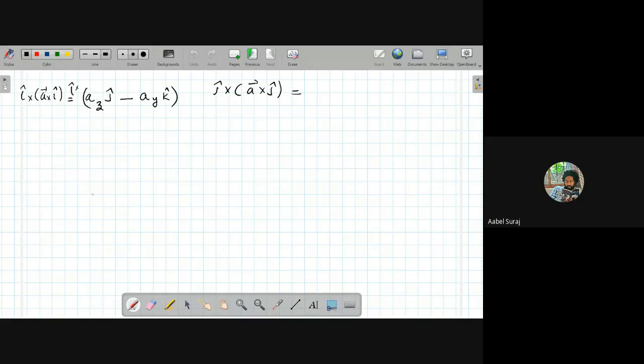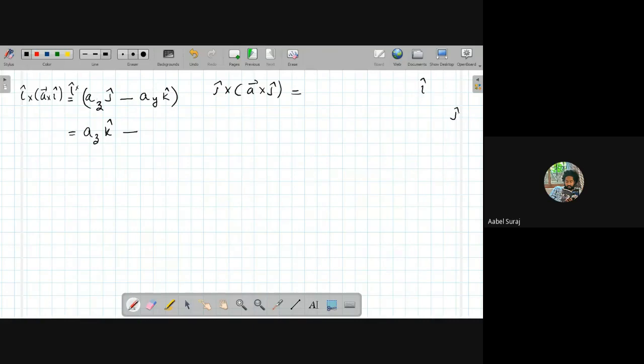So what is i cross a cross i here? Take the cross product. It will be i cross j, which is k. So it will be az into k, minus i cross k.